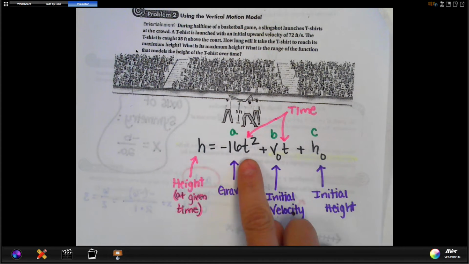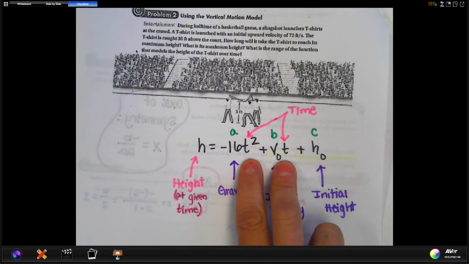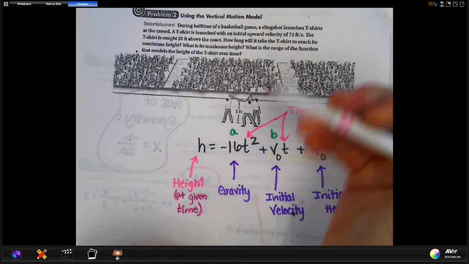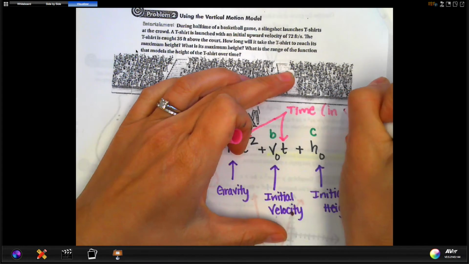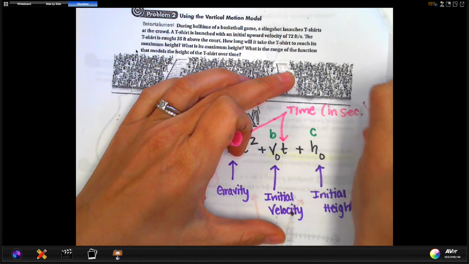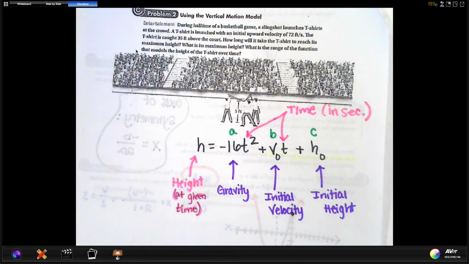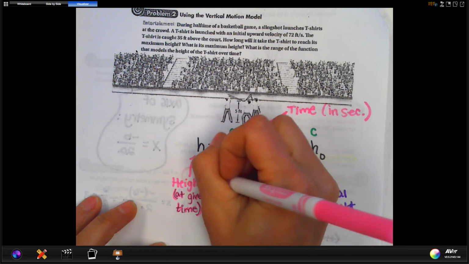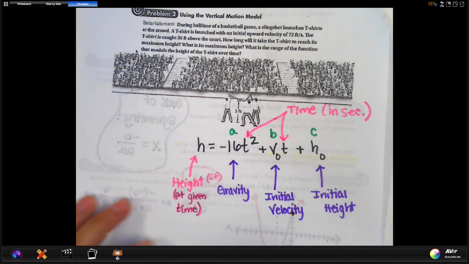And then the t is standing for the time in seconds, okay? And so we should probably put that down. Time is in seconds for this. And heights are always in feet, okay? So our heights are in feet. And then the last value here, our c value, is the initial height.